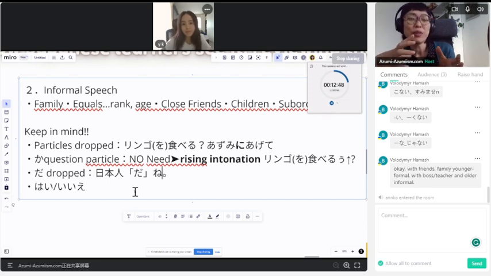If a sentence consists of a noun or na-adjective, we always have to use da: だね、だよ、だよね、だな. So how often da is dropped depends on how much you can utilize ending particles like natives.